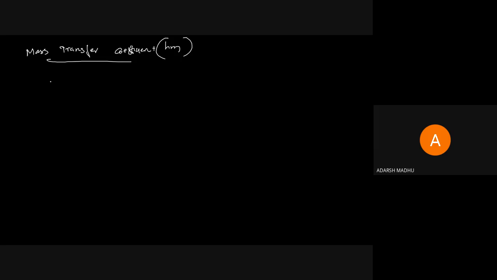You know that MA by A we studied earlier. MA by A equal to minus D into dCA by dx, according to Fick's law, right?